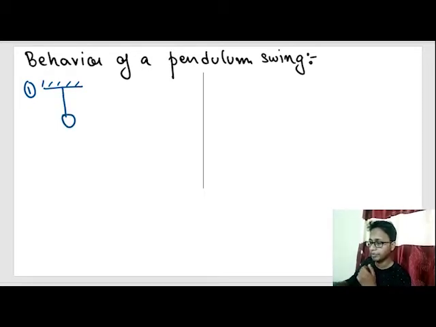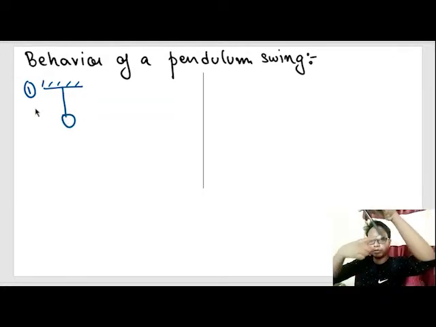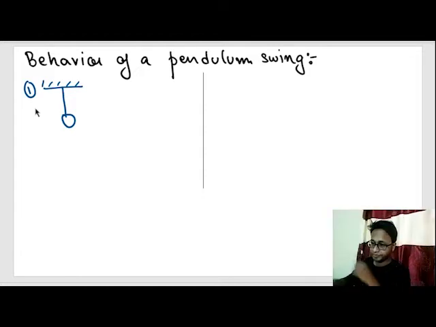My pen was the pendulum, but suppose this pendulum was connected by a rope. Now someone pushed it out here. So our pendulum becomes somewhat like this.